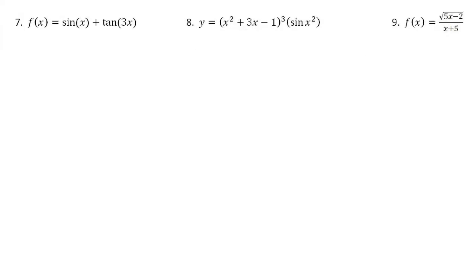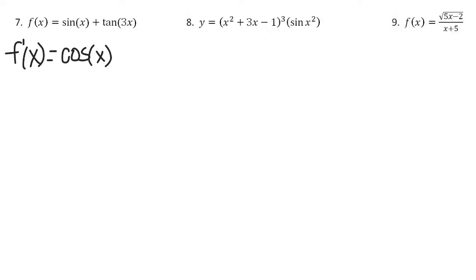All right. Y'all try these 3. All right. I'm going to work through 7. F prime, good gosh, that is huge, equals. Well, let's see. We're going to have, what's the derivative of sine? Cosine of x times the derivative of x. Well, what's the derivative of x?